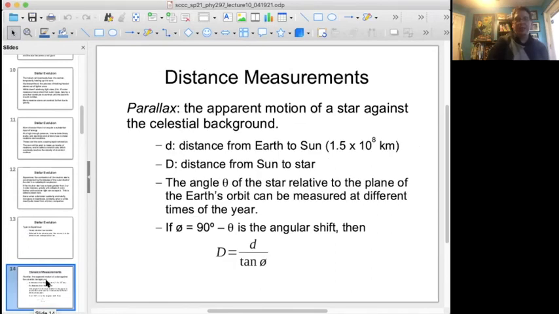So how do you measure distance? Well, the way you measure distances to nearby stars is with parallax. So basically, the apparent motion of the star against the celestial background. Copernicus's theory of the Earth orbiting the sun was called into question because nobody could observe parallax with the naked eye.